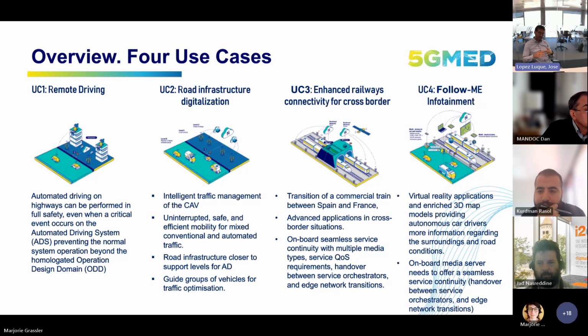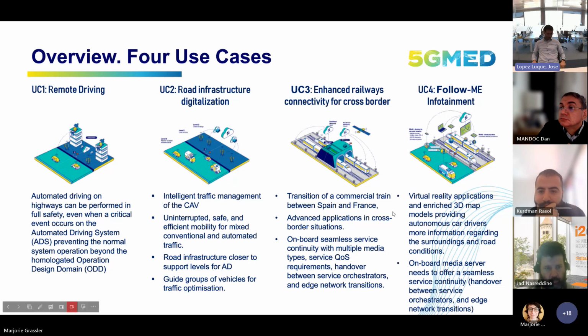It's also providing high bandwidth internet access to the passengers, both with a Wi-Fi access point connected via 5G to the outside, or also the passenger can be connected directly to the 5G with an onboard small cell that we have in the train.